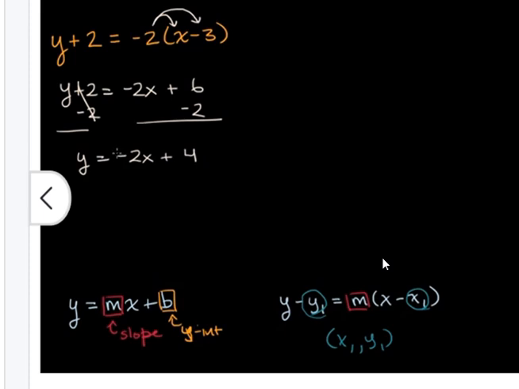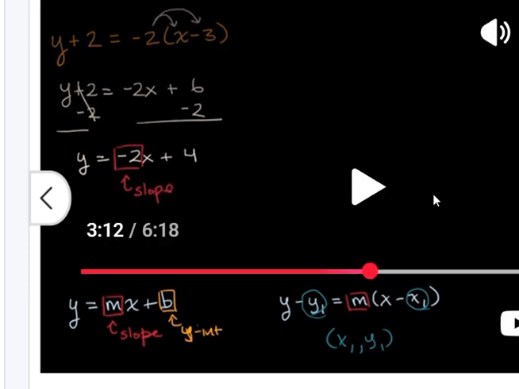And once again, I could say, all right, my m here, the coefficient on the x term, is my slope. So my slope is negative 2. When you solve this, one of the benefits is you can plug in things for x and y. So if you look at the coordinate, one is 0, 0. That's not that helpful.